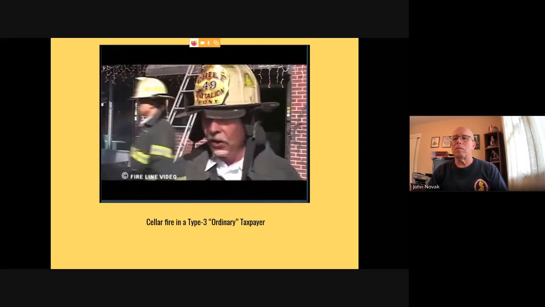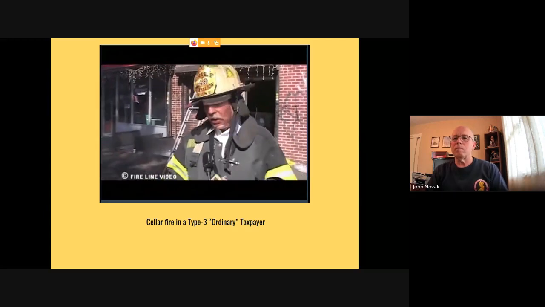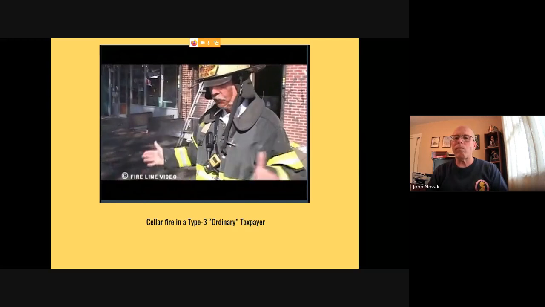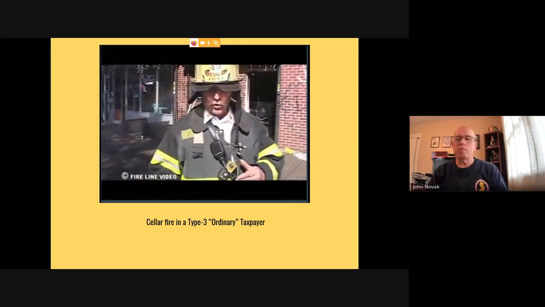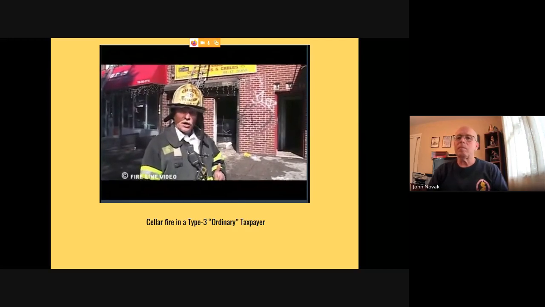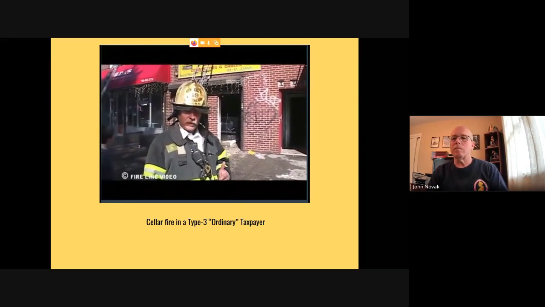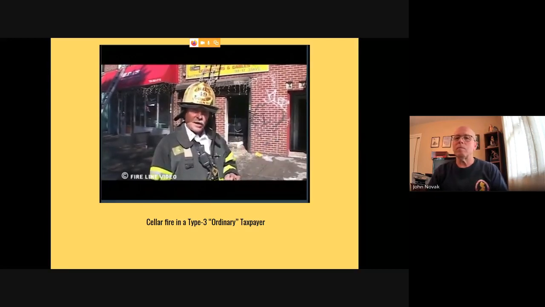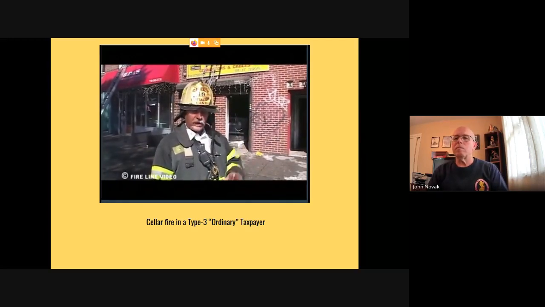In the meantime, we then had a third line stretched in the street to act as a rapid intervention line in case any of these firefighters met with difficulty or there was a compromise, collapse, or a mayday. We had an additional line stretched to the rear, and that company then began the advance, the attack from the exposure-free rear down into the basement.